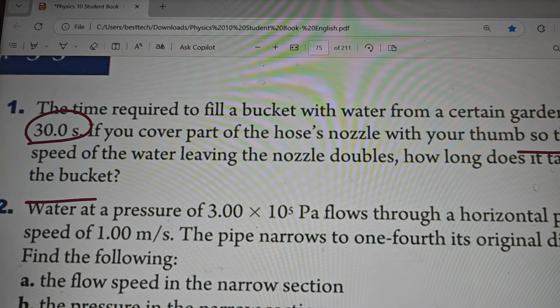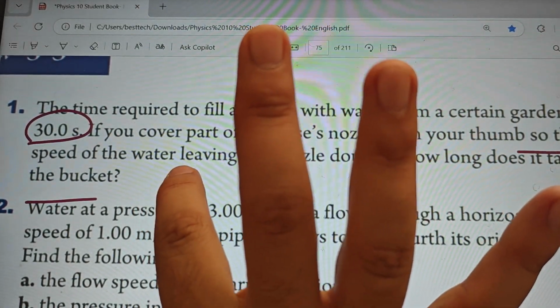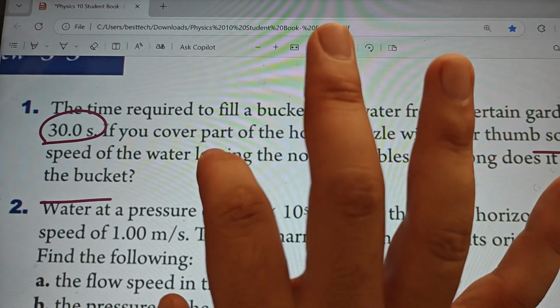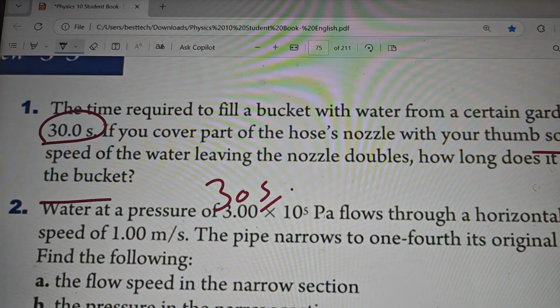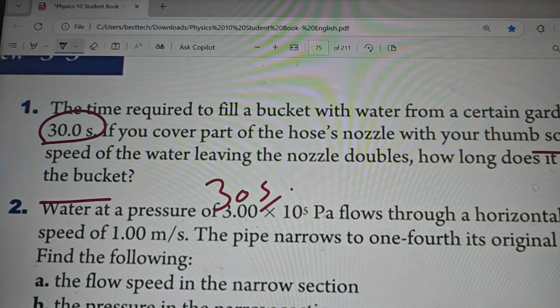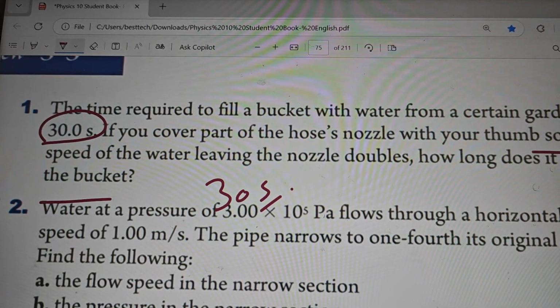The time is still 30 seconds. Still it's 30 seconds. The reason is because the volumetric flow rate is constant. The volume of the nozzle or the volume of this pipe still is constant, so it takes the same time actually.